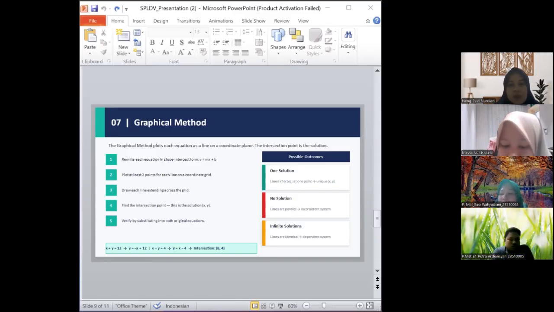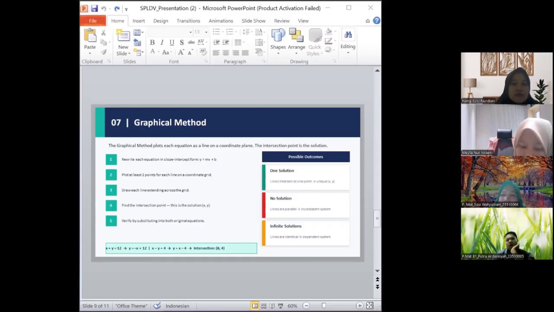If the two lines are identical, one on top of the other, the system has infinitely many solutions. But for most problems at this grade, we will have exactly one intersection point and one unique solution.